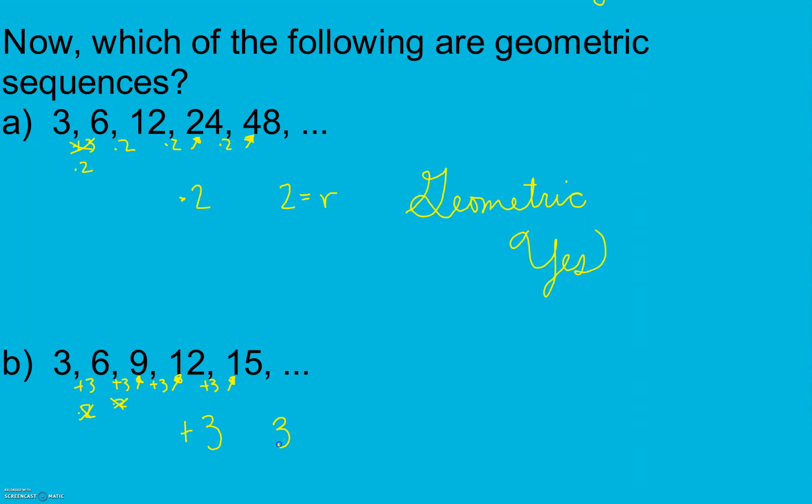And since I'm adding, that's going to be my common difference, which means this is not geometric, but it is an arithmetic sequence. Okay, and we talked about those, I think it was in chapter 4.